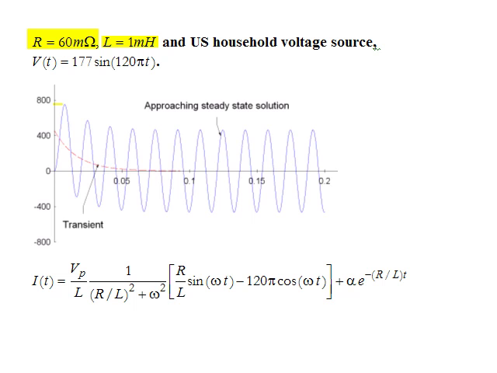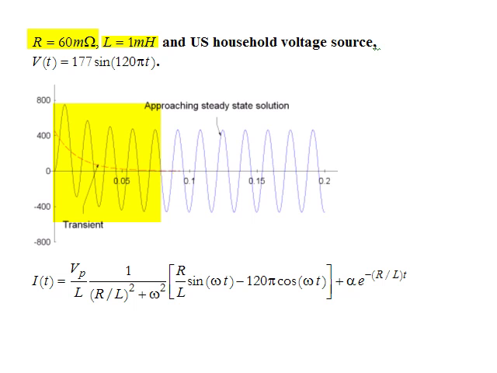Initially, just look right in this region here. There was a transient, e to the minus R over L t. That decayed away, but while it was active, it influenced that sine wave. You see the sine wave was a little bit off of the average value of 0, and then after a while it settles down.